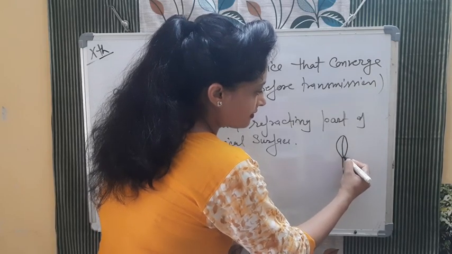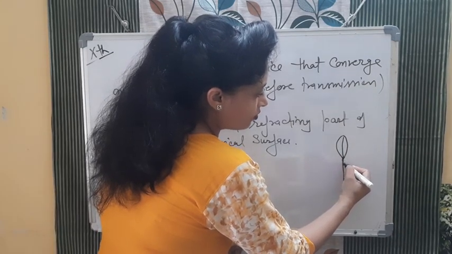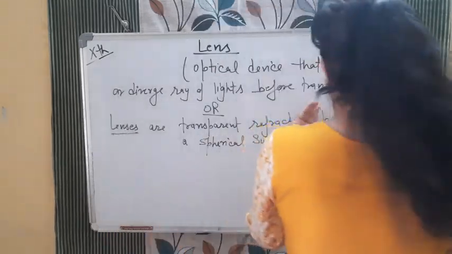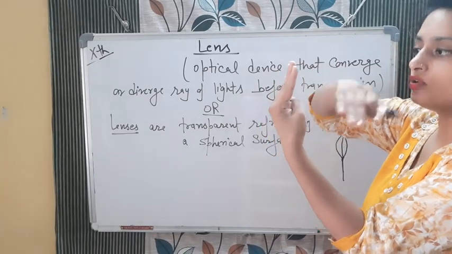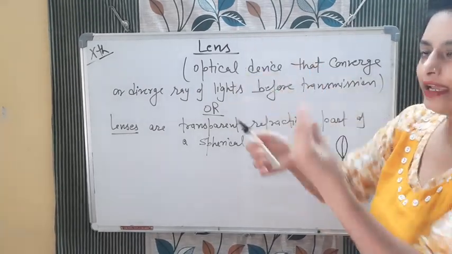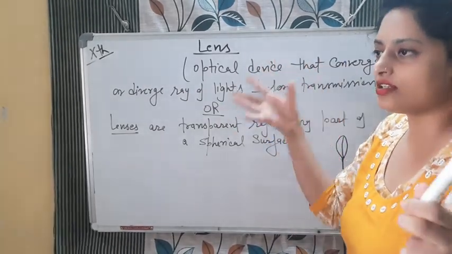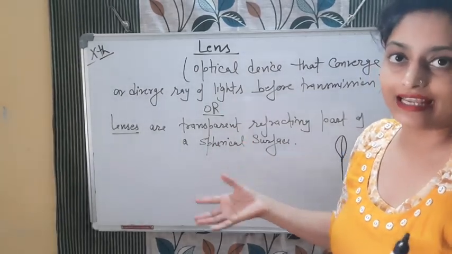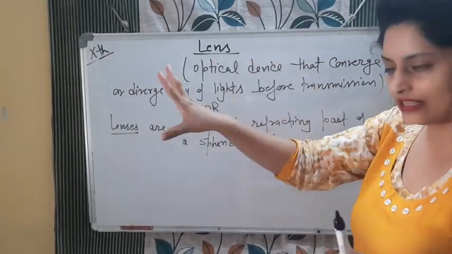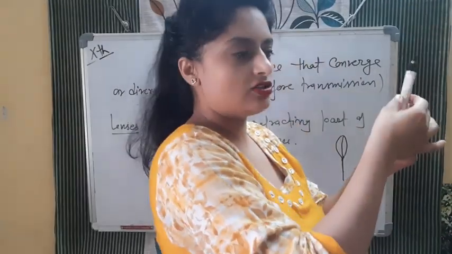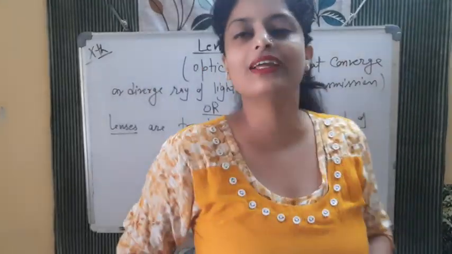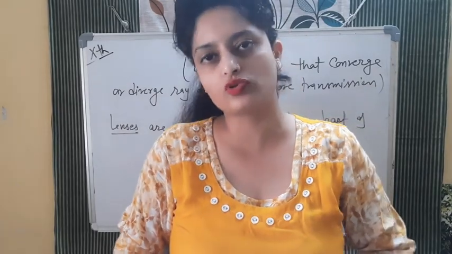If you are watching the spoon from this side, you are seeing the concave part of that. Just for remembering, cave means inward, so that part is concave, and when you see that spoon from this side, the outward part, it was behaving like a convex one. Okay, so we did that.